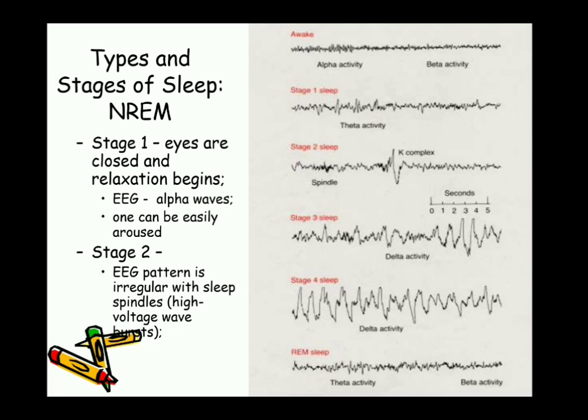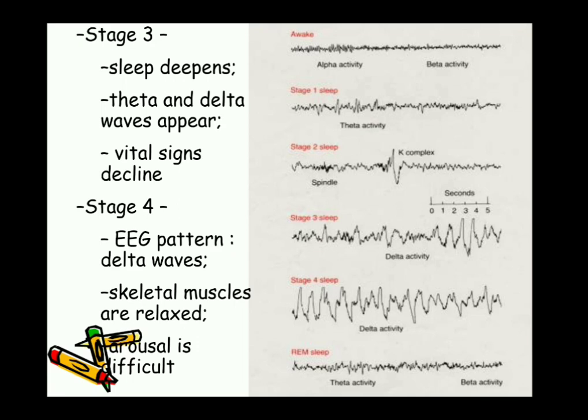Here arousal is difficult. Stage 3, deep sleep, theta and delta activity appear and vital signs decrease; heart rate and blood pressure start falling. Stage 4, EEG pattern shows delta waves, skeletal muscles are relaxed and arousal becomes difficult.